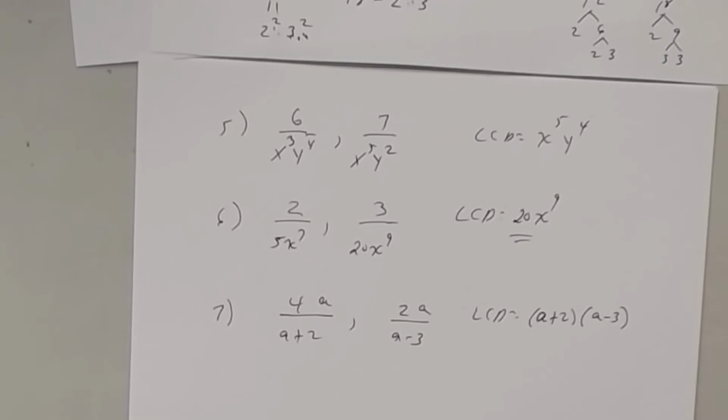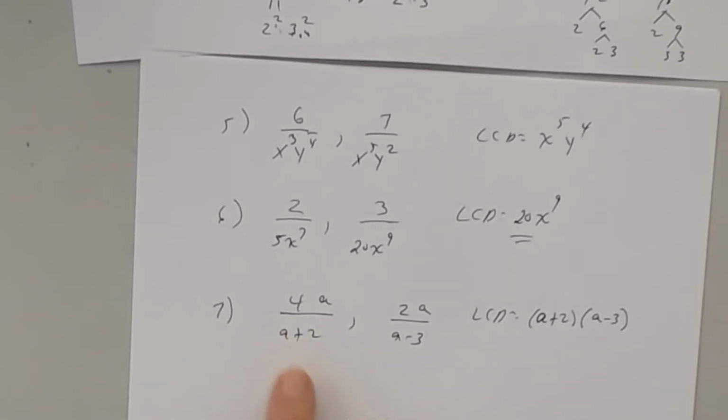All right, so that's our discussion now. How many factors of a plus 2 are in this denominator? 1. How many factors of a plus 2 are in this denominator? 0. So how many do I need? 1. So a plus 2 to the first power. How many factors of a minus 3 are in this denominator I'm pointing to? 0. How many are here? 1. How many do I need? 1.